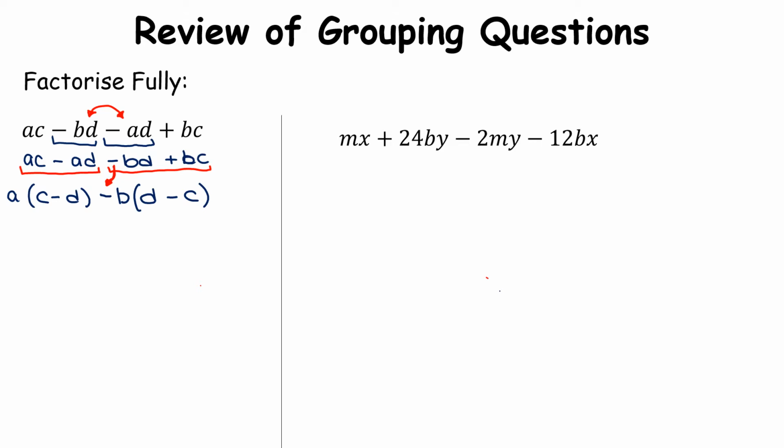And they're not. There's an issue with our signs, because the C in my first bracket is positive and the D is negative. That's the opposite way around, so our signs are incorrect. So what we're going to do is change this sign, which then changes this sign, and then changes this sign. And now the two brackets, although they're backwards, the D is negative and that C is positive.